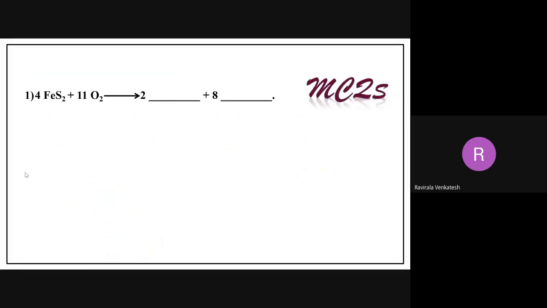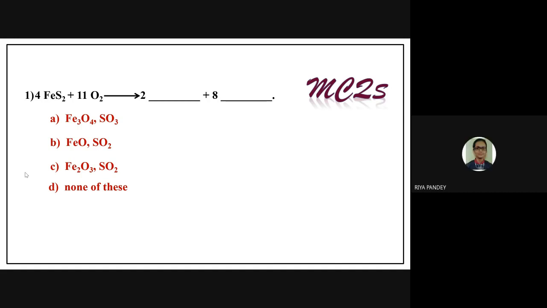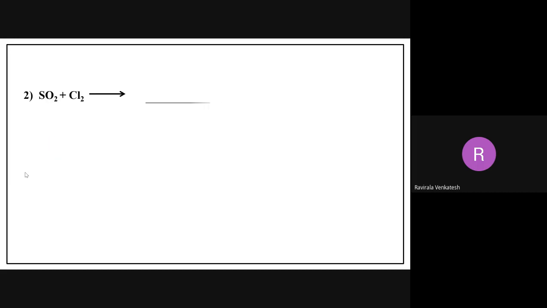लास्ट फाइनली विल सी व्हाट एमसीक्यूज बेटा. कैन यू से व्हाट इज द प्रोडक्ट्स इन दिस केस? व्हाट आर द प्रोडक्ट्स you are getting? Which is the correct answer? Option C. Fe2O3 and SO2, isn't it? ये बताओ बेटा, what is the product?